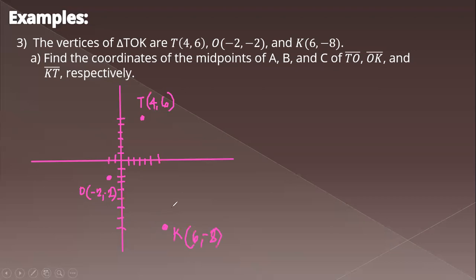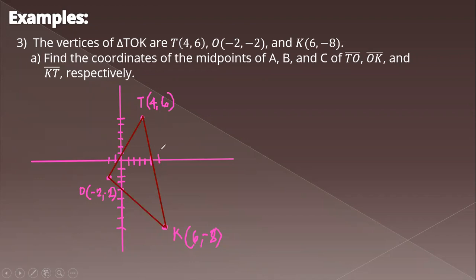Let us connect these points, because we're going to get the midpoints of this triangle TOK. To get the midpoint, it is the same process that we've been doing: we just add the coordinates and then divide by 2.